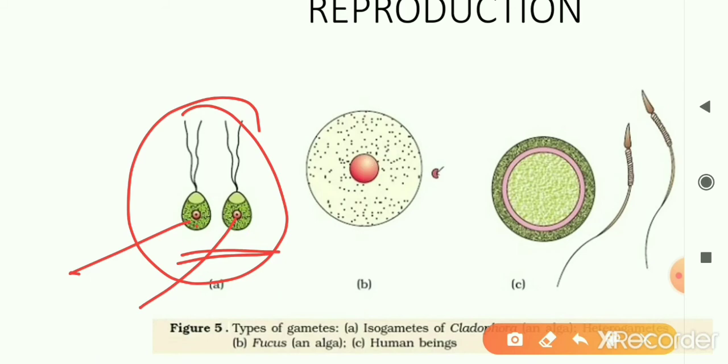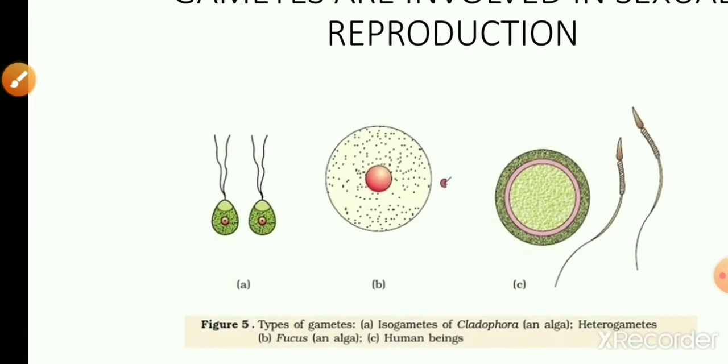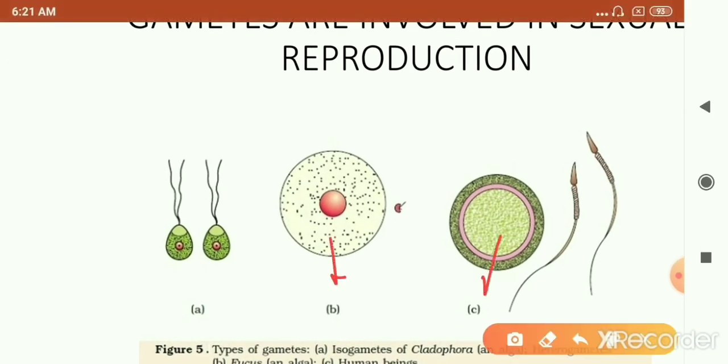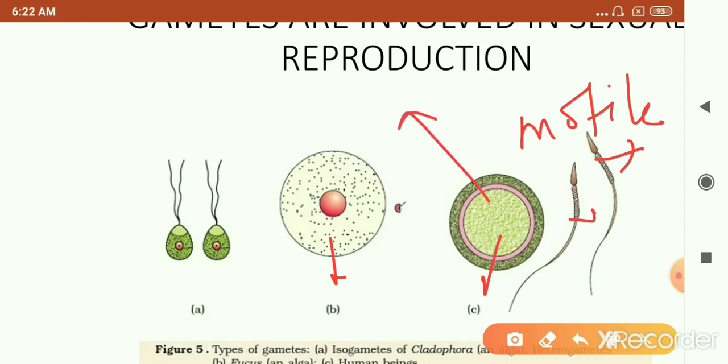But in higher plants and in animals, you generally find that the female gamete is larger than the male gamete. The male gamete is motile and the female gamete is non-motile, that is, it does not move. Whereas the male gamete has a tail for moving. This you find in the higher animals.